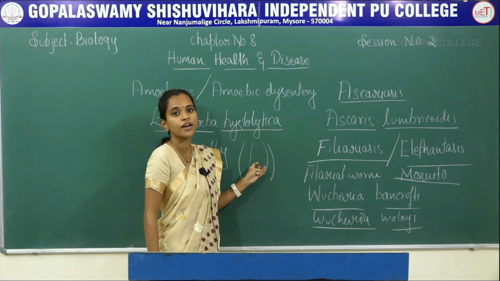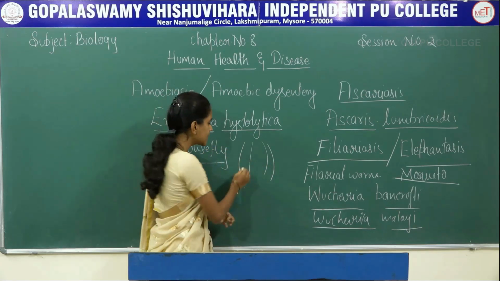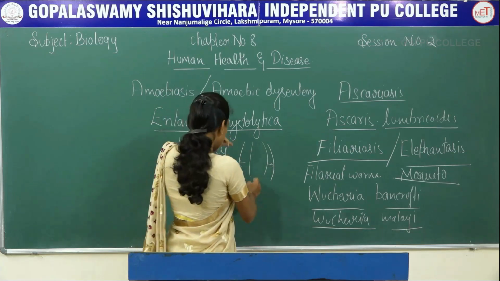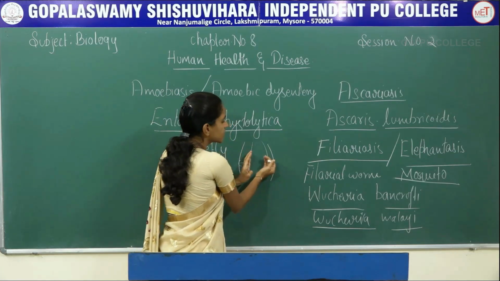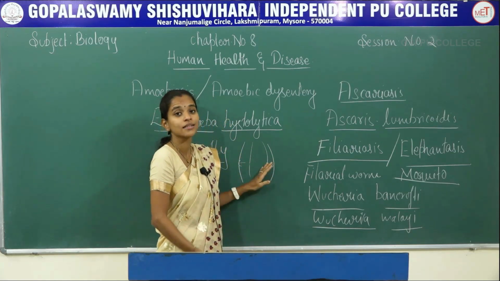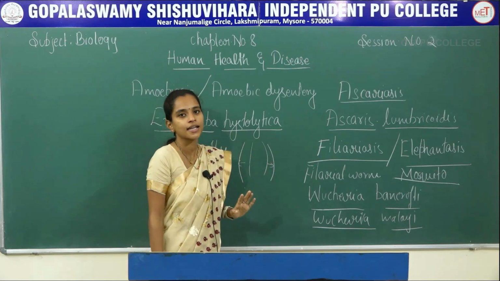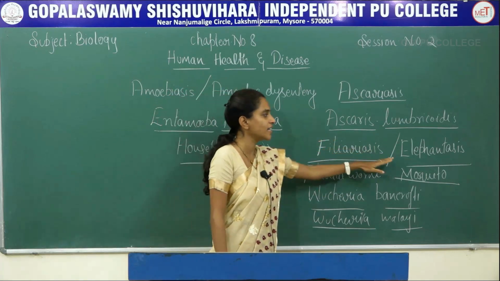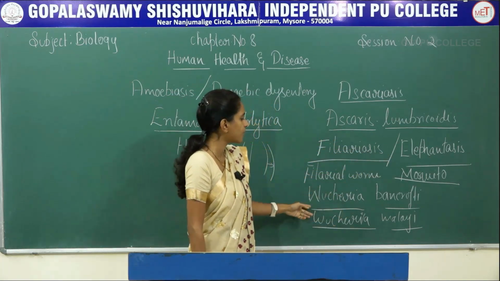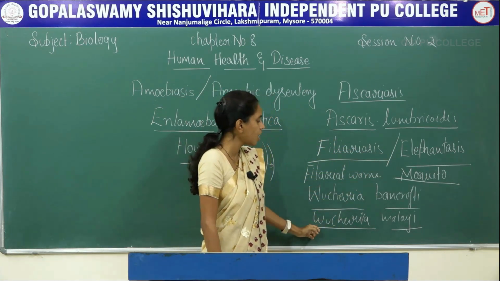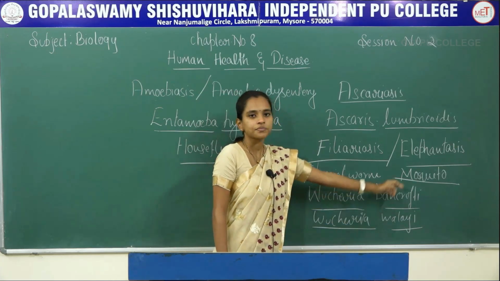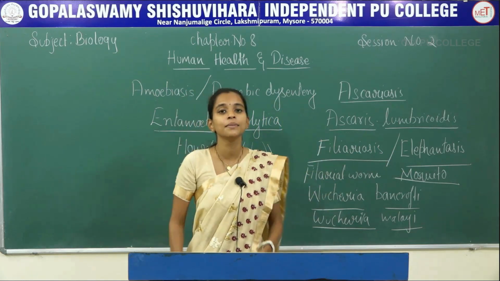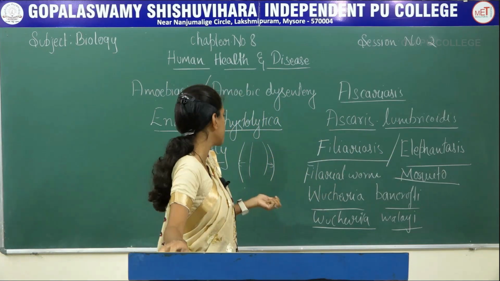Further damage to the lymphatic vessels can be treated, but this increase cannot be reversed and brought back to normal. It is a permanent change in your body. So that is about filariasis or elephantiasis, which is caused by Wuchereria bancrofti or Brugia malayi. Here the vector is a mosquito. So that is about helminthic worm infections.